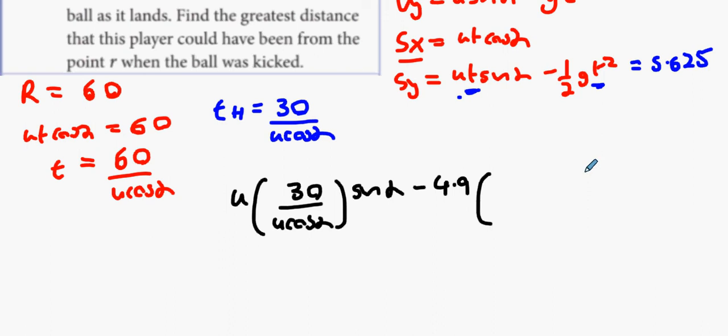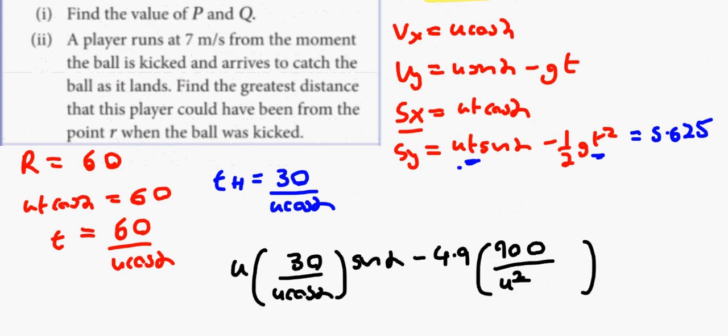And t squared is this thing squared, so it's going to be 900 over u squared. Oh, that's interesting. Oh, yeah. u squared. Value P and value Q.